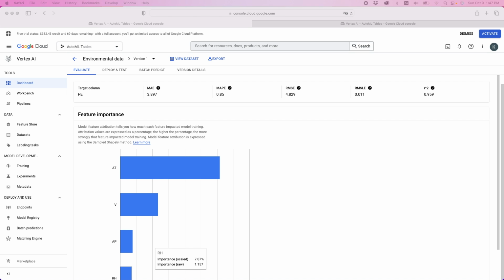One model will be using all four features, and the second model will use three features: ambient temperature, relative humidity, and ambient pressure. We will exclude exhaust vacuum, as in our hypothesis this is a less relevant feature.